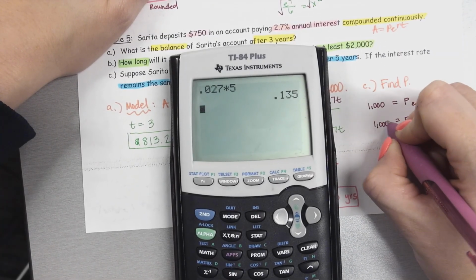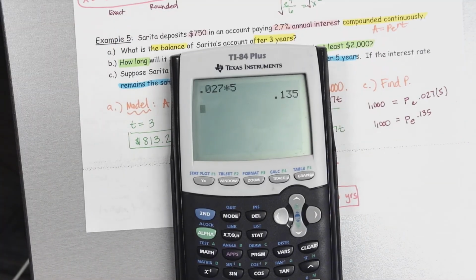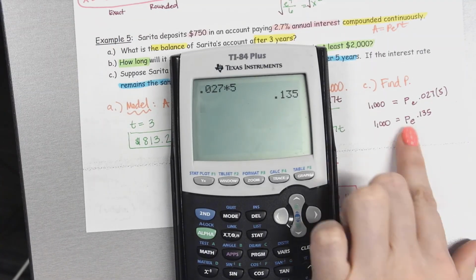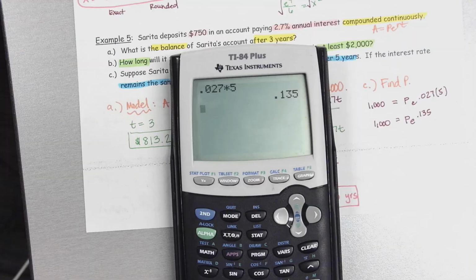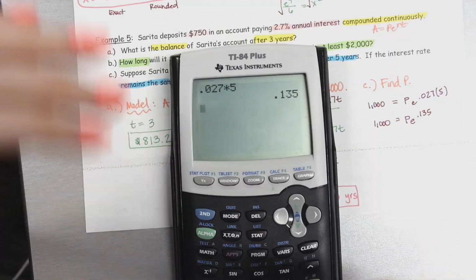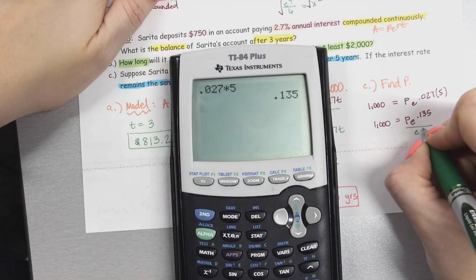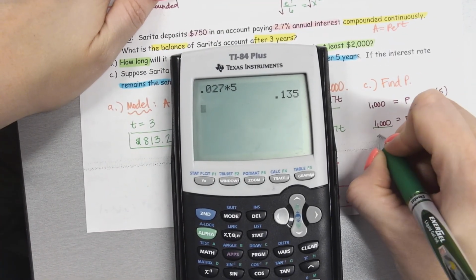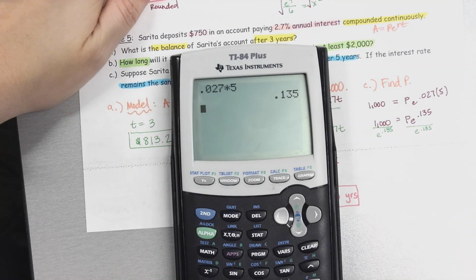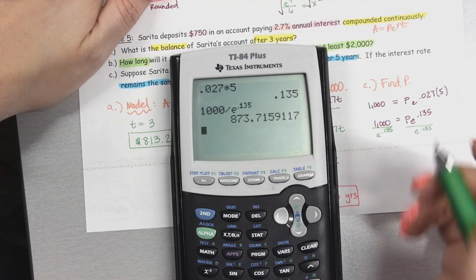Okay, now if we want to solve for P, how is P attached to E to the 0.135? Yeah, so if it's multiplied, then how do we move it over? Divide. So we're just going to divide each side by E to the 0.135. Okay, so 1,000 divided by E to the 0.135.